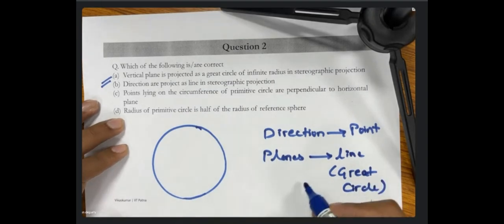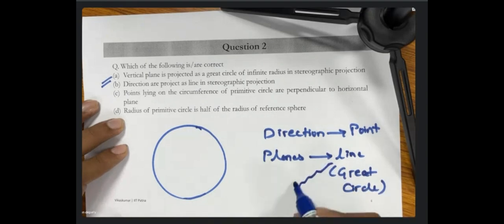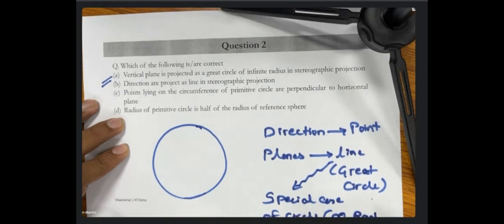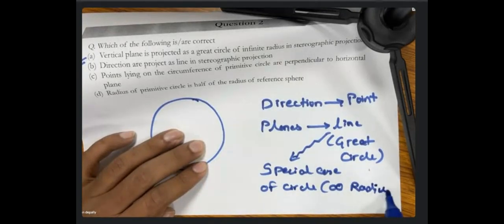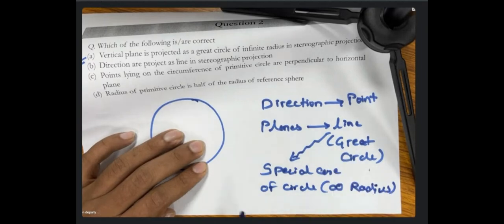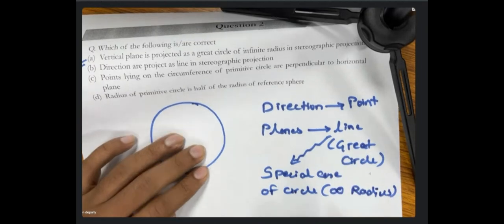A line is just a special case of a circle having infinite radius.